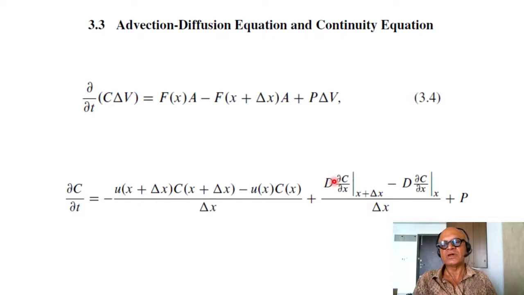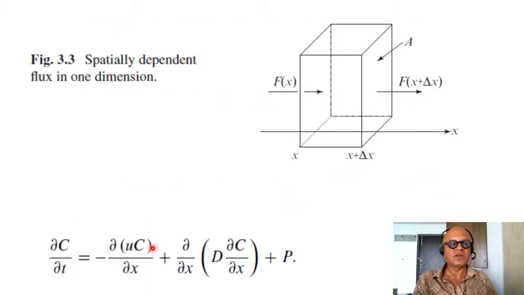Diffusion is D times dC/dx at x plus delta x, minus D times dC/dx at x. As we saw before, diffusion depends on the gradient; it is always dependent on the gradient in space. So delta x divided by delta x again, plus P.